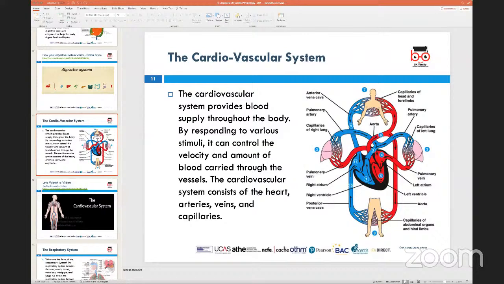And that is primarily done through the process of clotting, and that is where the cardiovascular system comes into play to help the human body function, and all the other organs get oxygen within the human body.